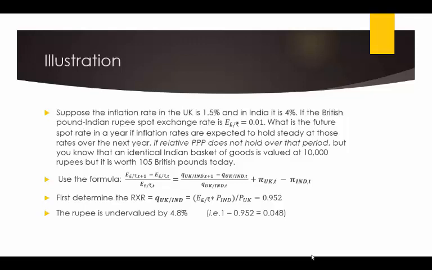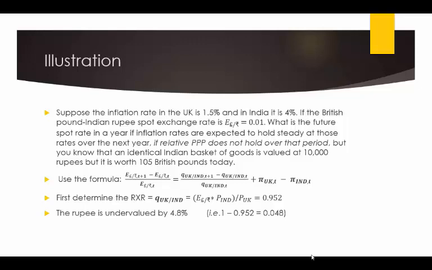We want to find out the future pound-rupee exchange rate in a year's time if PPP does not hold, but if we know that today a basket of consumption goods is valued at 10,000 rupees in India, whereas an identical basket is valued in the UK at 105 British pounds. We first note that at the current exchange rate, this means that the real exchange rate is 0.952, making the rupee undervalued by about 4.8%.